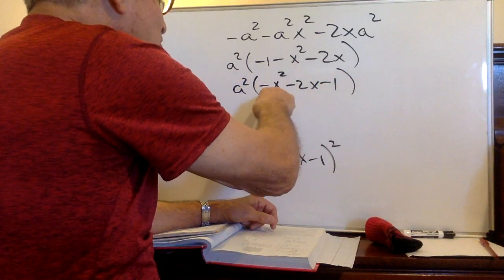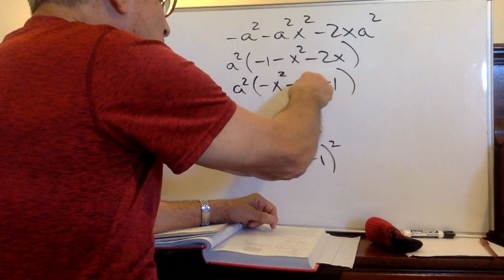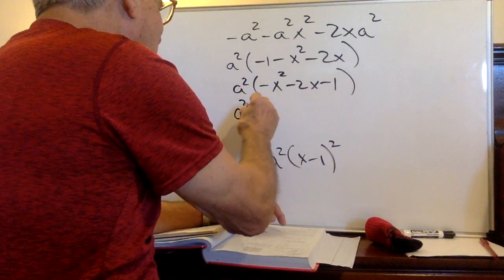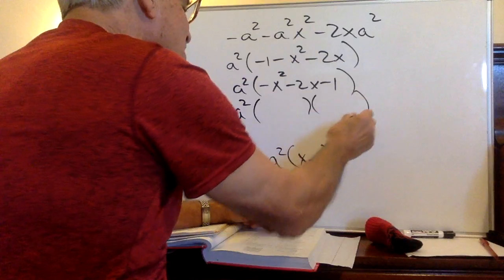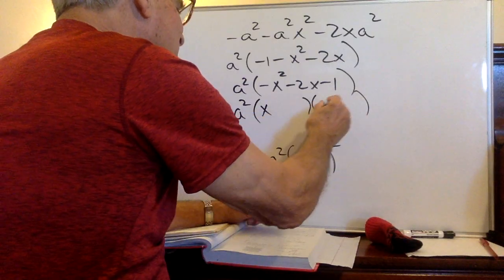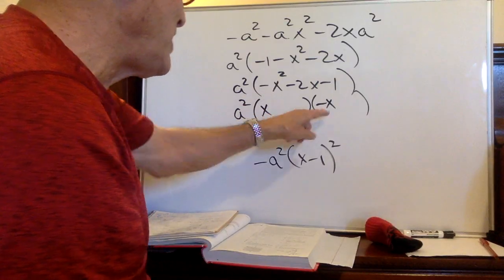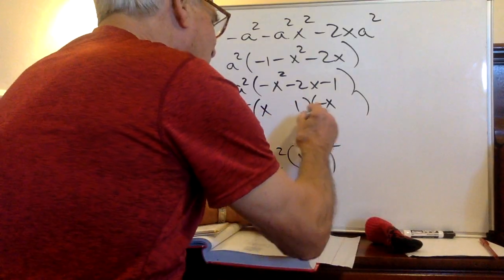All right, put the squared term first, in terms of the exponent 2, 1, gone. And again, I have a feeling people would factor this incorrectly. X and negative x. That's the only way to factor negative x squared. One's got to be positive, one's got to be negative. I've got to have a 1 and a 1.